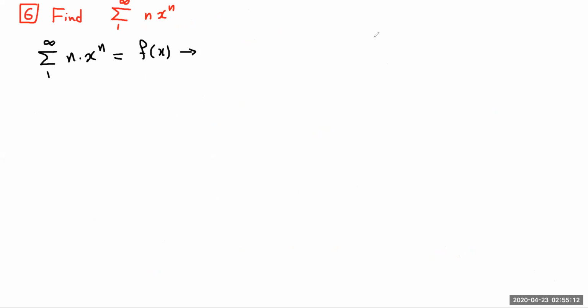Let's calculate f(x) divided by x, which is equal to what? Sigma n x power n minus 1 from 1 to infinity. Now let's take the integral of both sides. Okay, let's use another method.